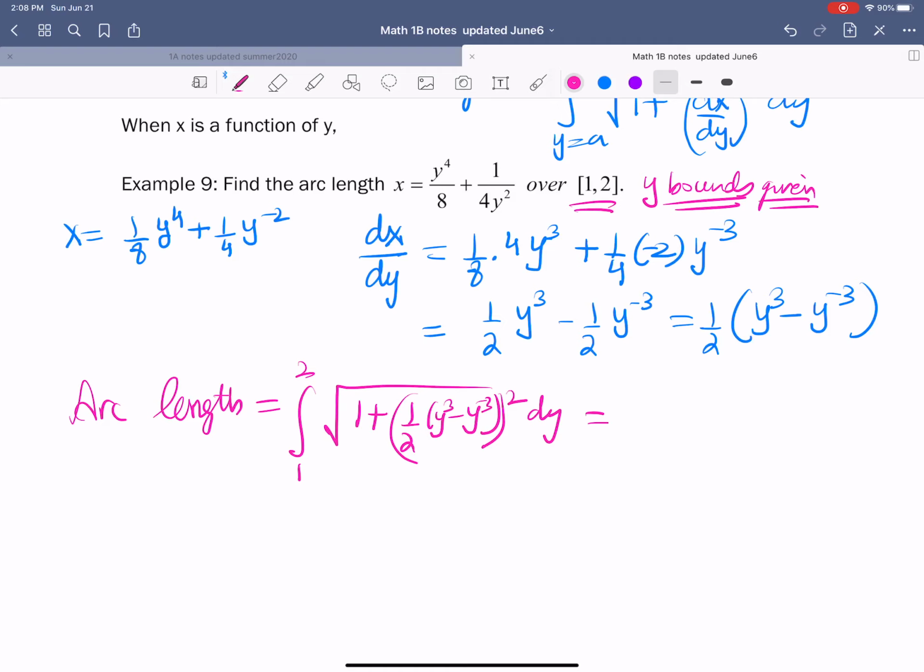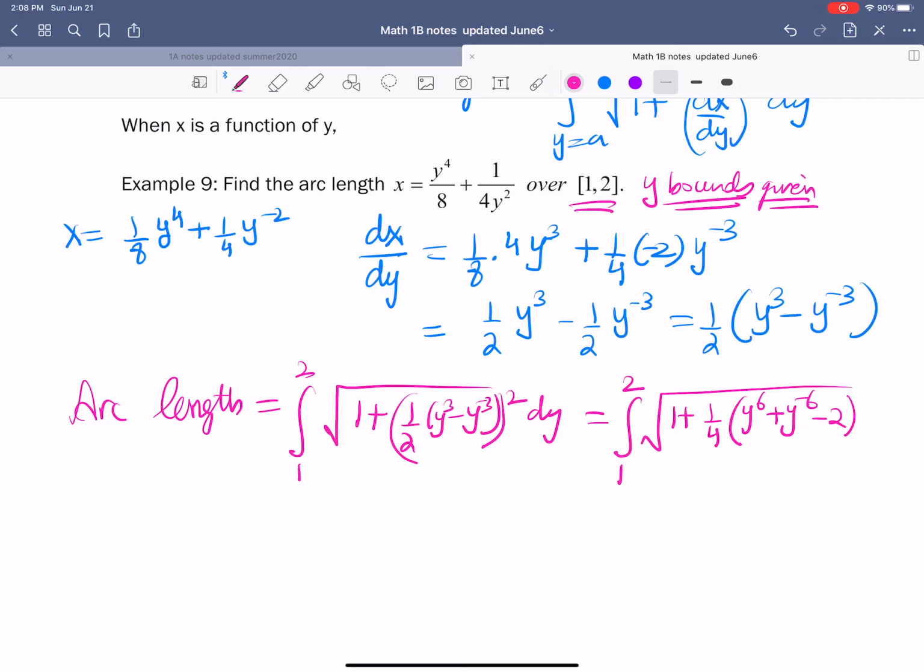Okay, so I've got to take care of the square root over there. So I have 1 to 2 square root of 1 plus 1/4, and this would become y to the 6th power plus y to the negative 6th power. I'm just FOILing y cubed minus y to the negative 3rd, minus 2 times y cubed times y to the negative 3rd, so that would be minus 2.